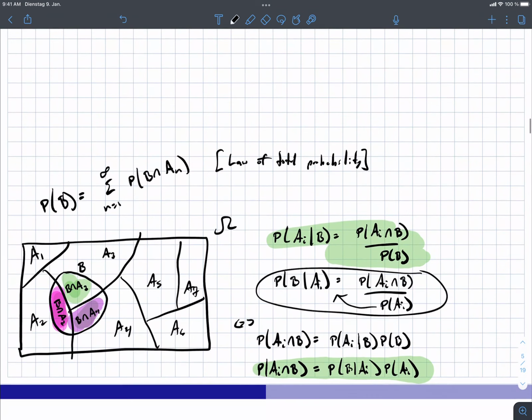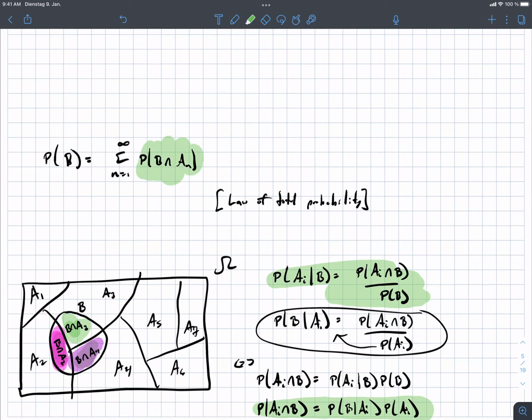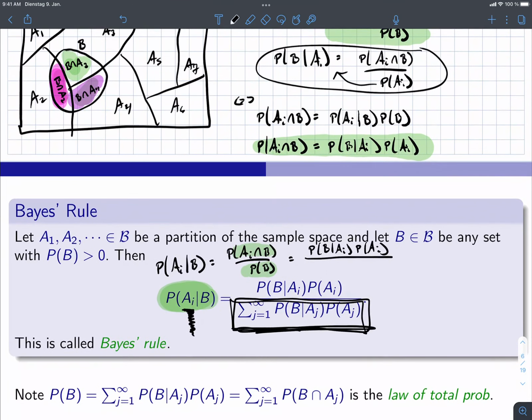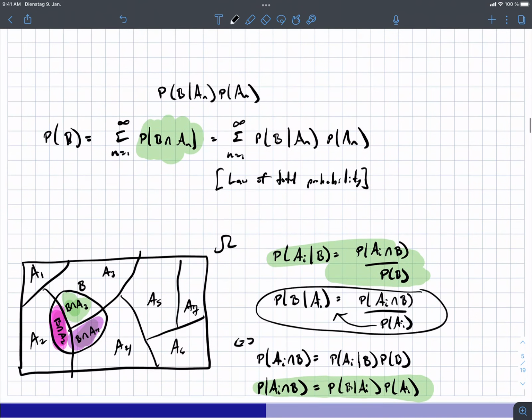So what I can do after that is, to get to this expression in Bayes' rule, write each one of these as probability of B given An times probability of An. And then it looks like this, except I used a j down here. So this is the sum, n equals 1 to infinity, of probability of B given An times probability of An.